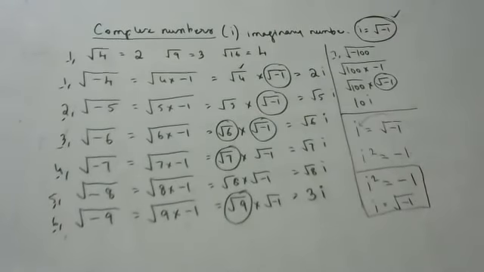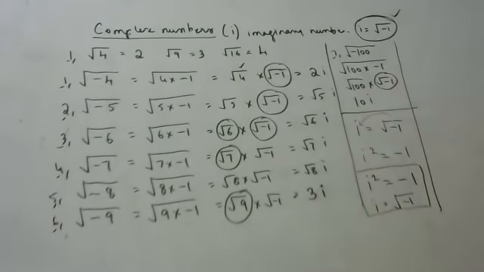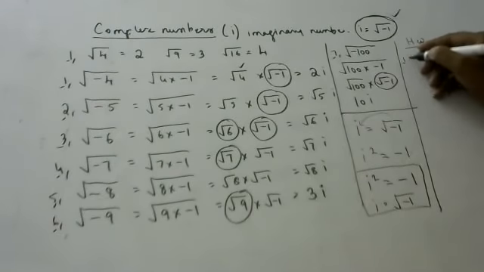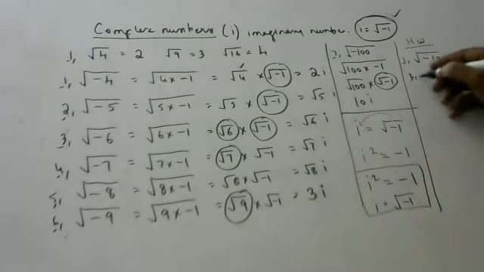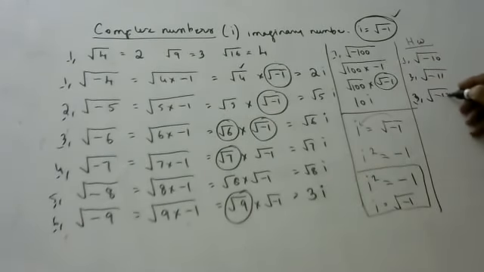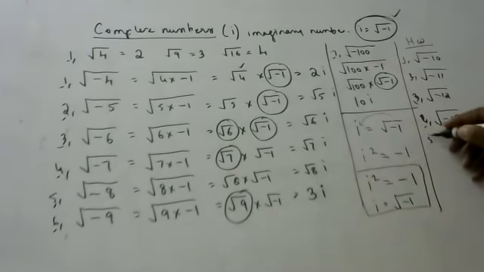Okay, so some small homework sums I will give you, in the description of this video also. You please practice them. Next, as homework, do root of -10, root of -11, root of -12, try to do, children. If you do, you will understand perfectly what is the value of i.